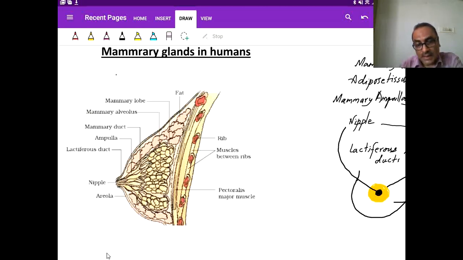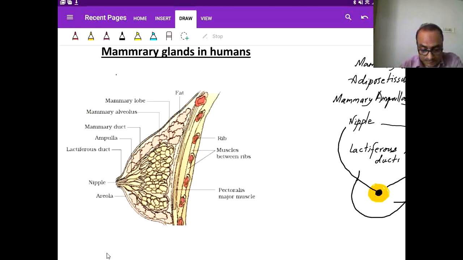And if you take up the type of the gland, it is a branched alveolar gland, because there are a large number of grape-like small mammary alveoli that make up the main part of the gland. And these alveoli are made up of secretory epithelial cells that synthesize and release the milk.